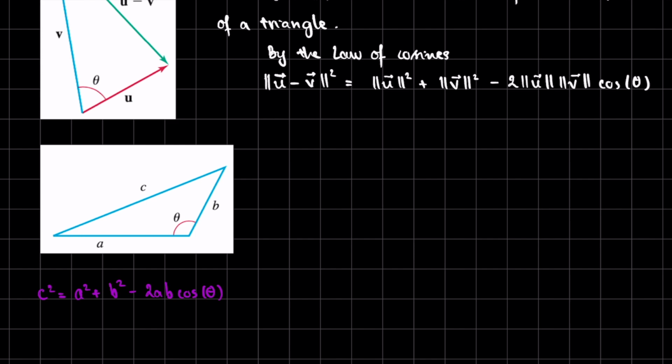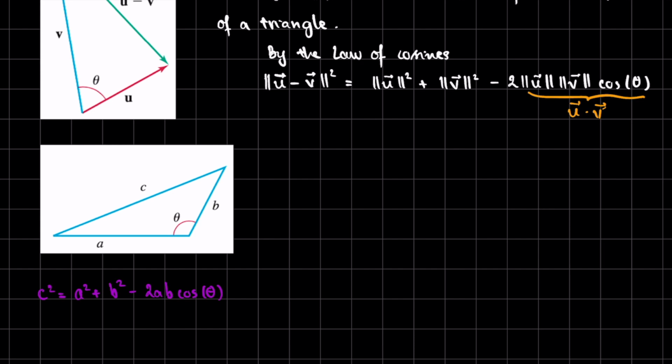Then by the geometric definition of the dot product, the term magnitude of u times magnitude of v times cosine of theta is the dot product u dot v.